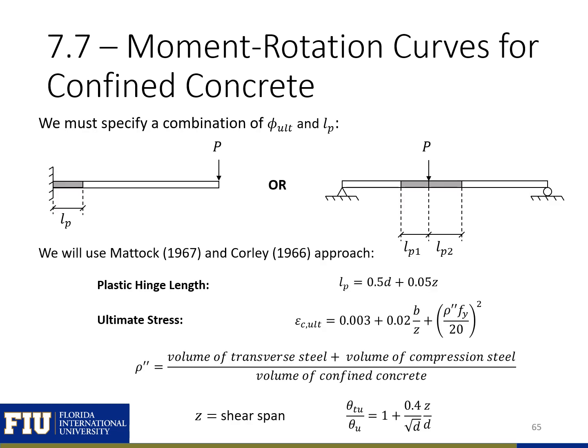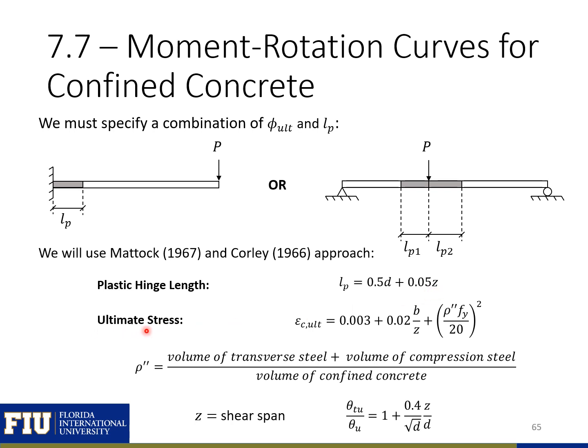To find our rotation, we need to specify a combination of our ultimate curvature and our hinge length. And for this class, we're going to use an approach developed by Mattock and Corley in the 60s, where we can find a plastic hinge length dependent on the depth of our tension steel and the moment gradient, so d and z.